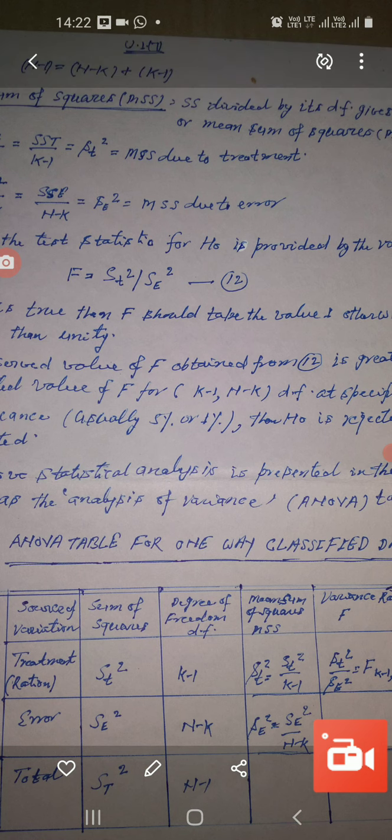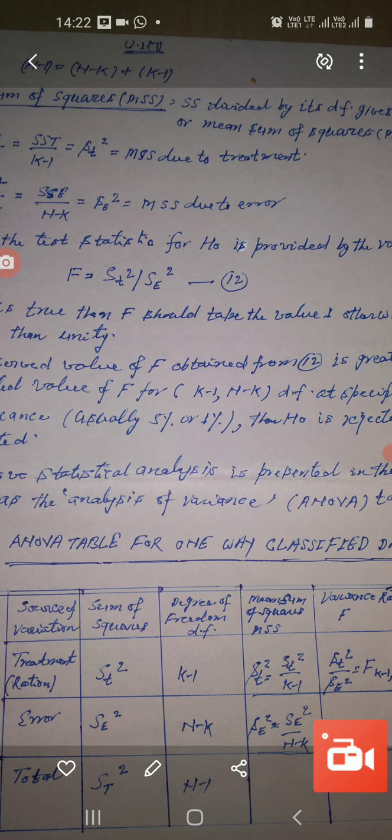Now we set up the test statistic. In order to test the hypothesis HT, that is hypothesis for treatment, and HB, that is hypothesis for varieties, we have the following variance ratios.